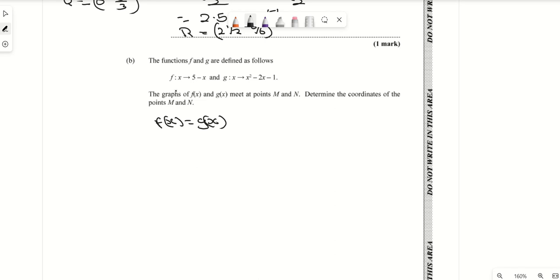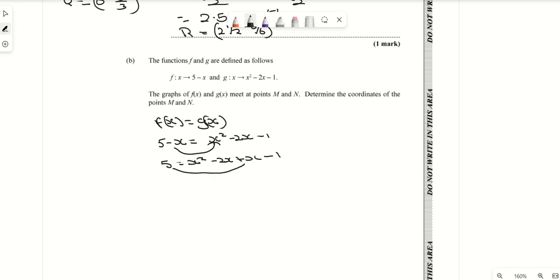So when we set this equal, you're going to get some values for x, and from that you can get your values for y. So we have 5 minus x is equal to x squared minus 2x minus 1. Carry across x to make one side equal to 0. So 5 is equal to x squared minus 2x plus x, because if we carry across minus x, it turns to plus x, minus 1.